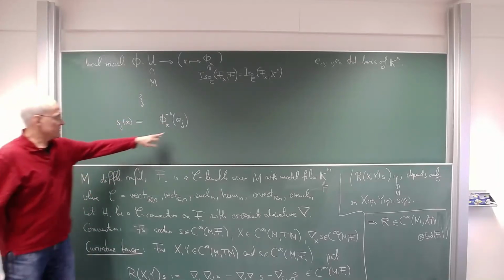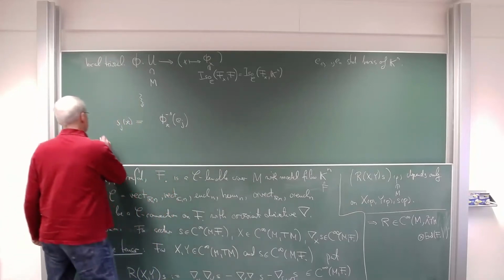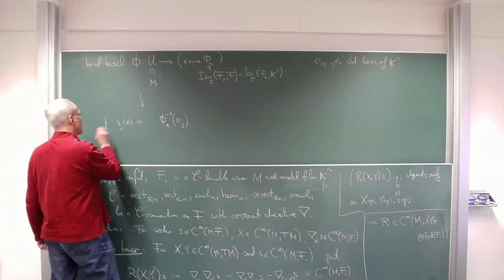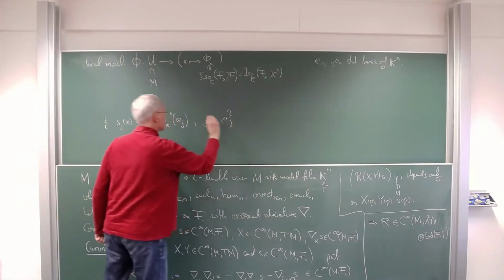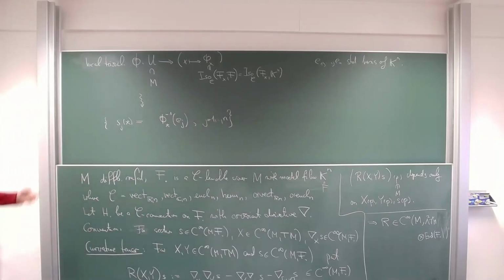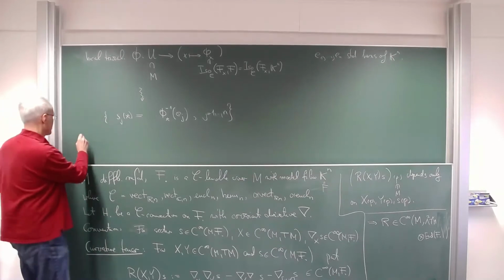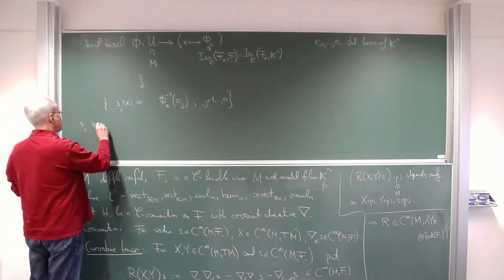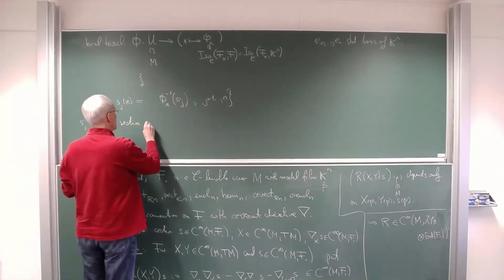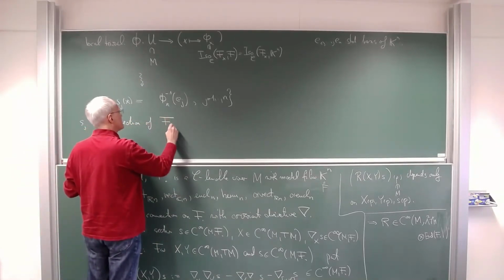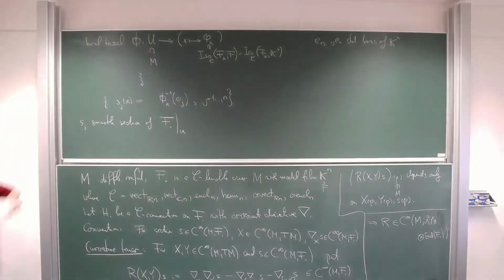And I can do this for every j. So I get a whole bunch of sections. So I get this set of sections from j from 1 to n. And now at each point, so these sections, they are smooth sections defined over U. So it's a smooth section of the restriction of my bundle to U, right? And each Sj.